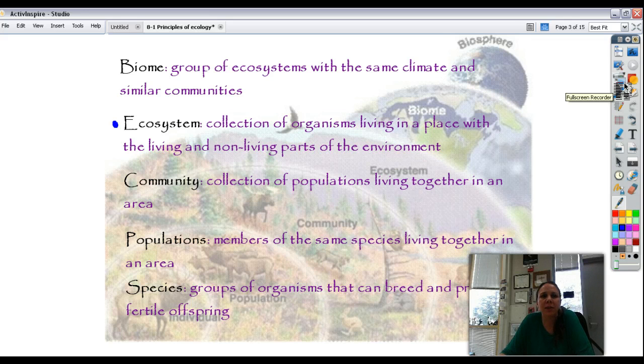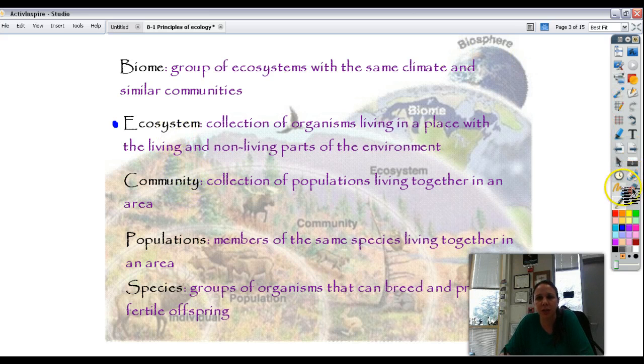So if we're talking about, say, a desert, the ecosystem would be the animals, like the peccaries and the rattlesnakes and the kangaroo rats, and the non-living parts such as the sand and the lack of water and the heat. So putting the two together gives you an ecosystem.